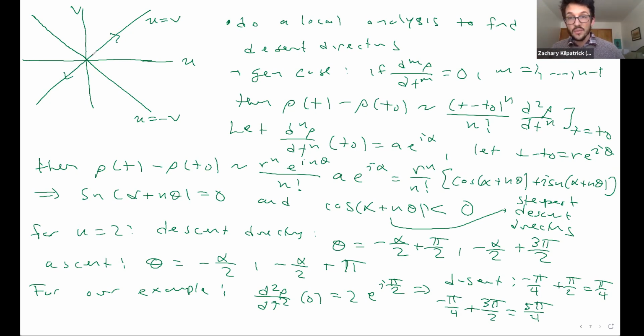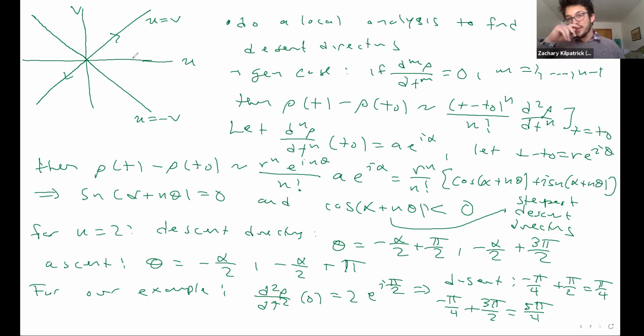So that means we want to draw our contour, C prime, along this line here. So the idea is that we're going to add some contour here. We're going to have to construct some contour integral now that includes that deformed contour. So we're going to have our steepest descent contour. We're going to have our original contour.